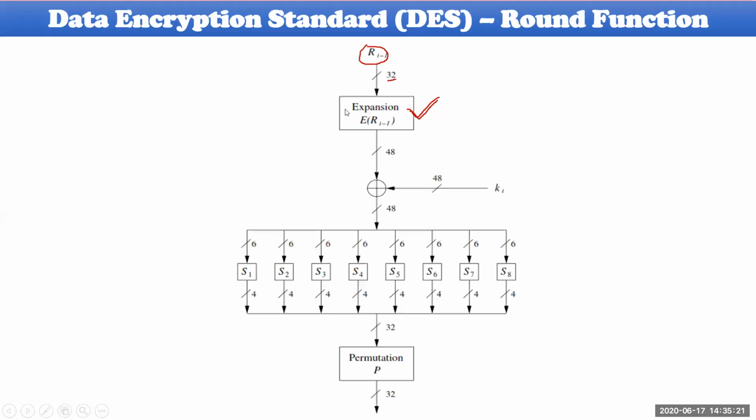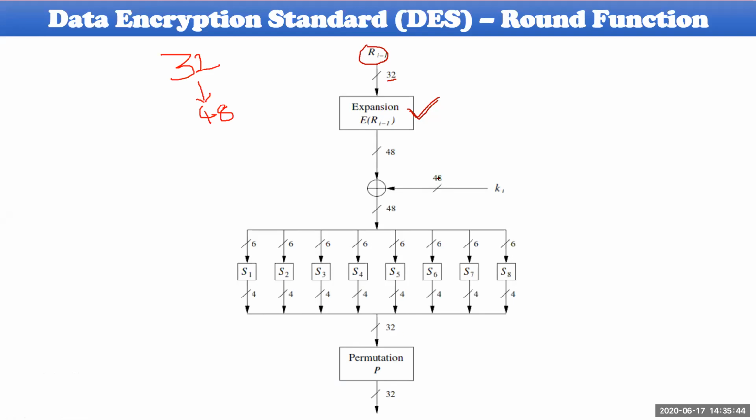Here, expansion P boxes. You have to send your data, your entire R(i-1), to this expansion P box. The input for this expansion P box will be 32 bits, and you are expected to get 48 bits as output. Your key is 48 bits, no?